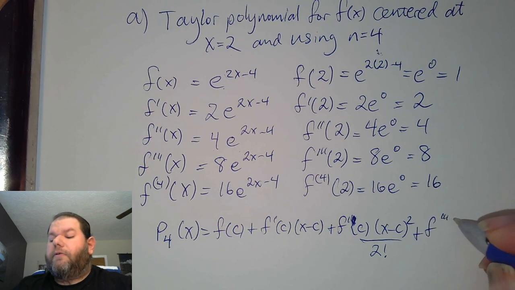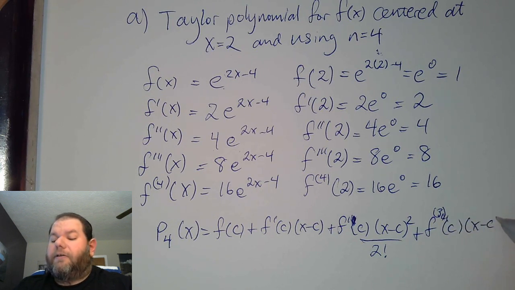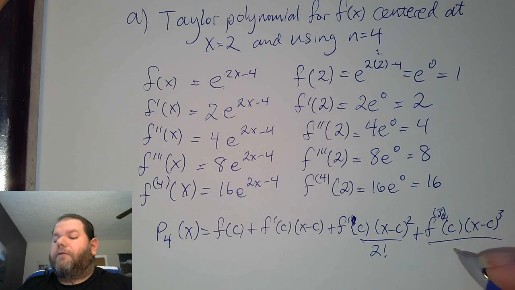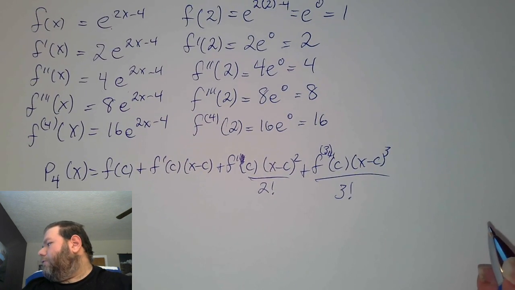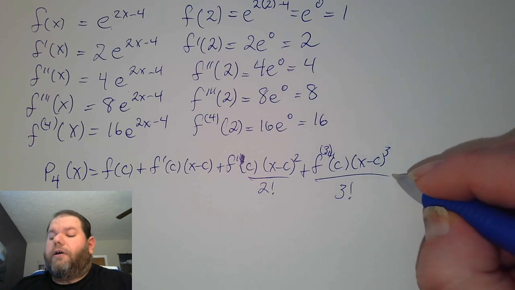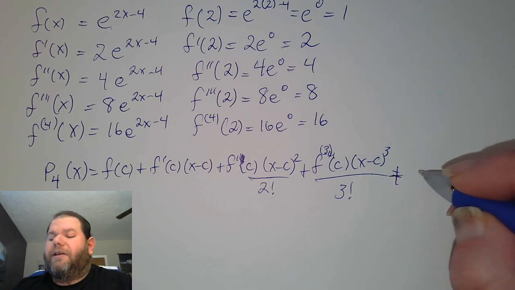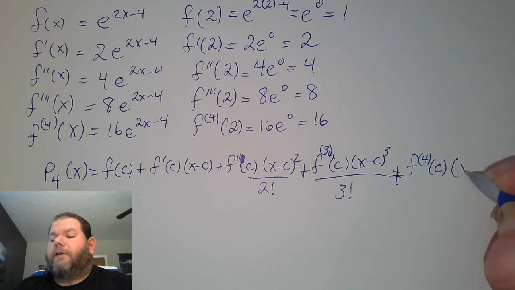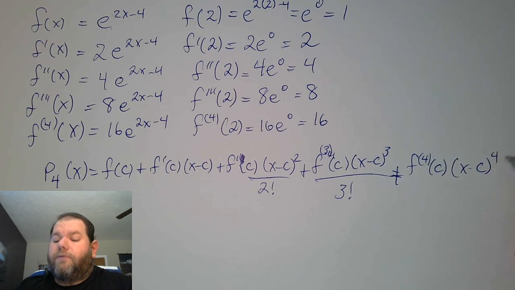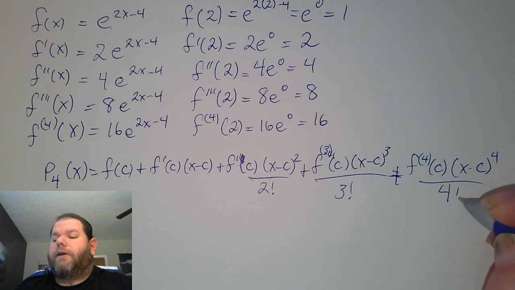Third derivative at c times x minus c cubed over 3 factorial. And it gets a little bit off screen, I think we'll be okay there. Plus fourth derivative at c times x minus c to the 4th over 4 factorial.